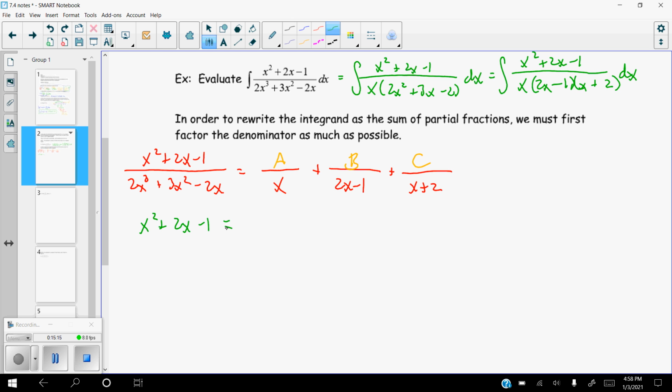If I were to multiply everything on the right-hand side by the common denominator, the two pieces that are missing from the A are going to be left over, multiplied by that A. So I would have x times 2x minus 1 times x plus 2. I'm going to erase this in a second, but I'd have to multiply that on top as well.